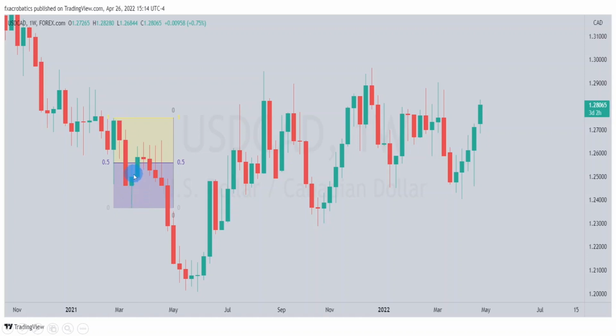So when the swing low forms and price is below that 50% mark here, that is your discount. That means when you want to buy, ideally you'd like to buy on a discount, and when price is above equilibrium, that's premium.